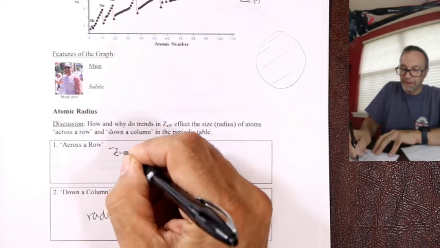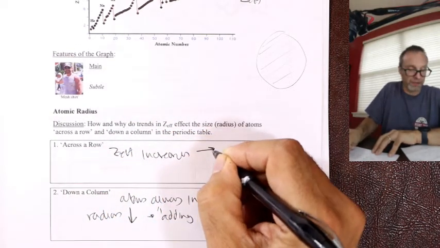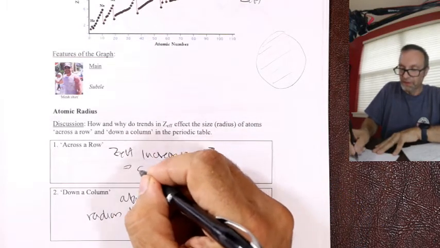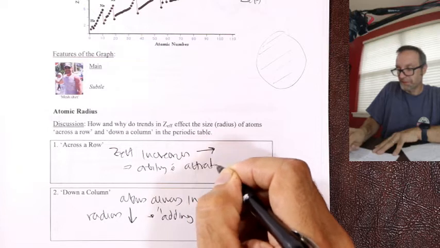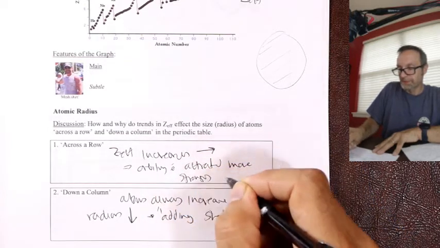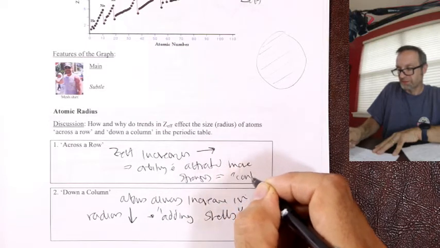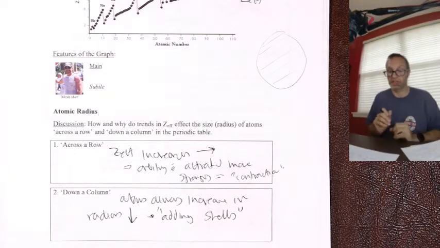So across every row, effective nuclear charge increases. Therefore, orbiting electrons are attracted more strongly. Therefore, contraction. The valence layer contracts just a shade.